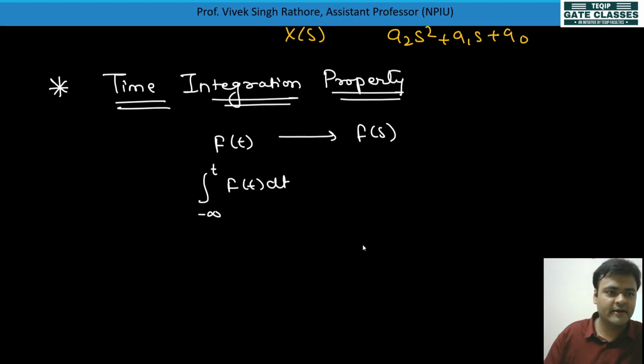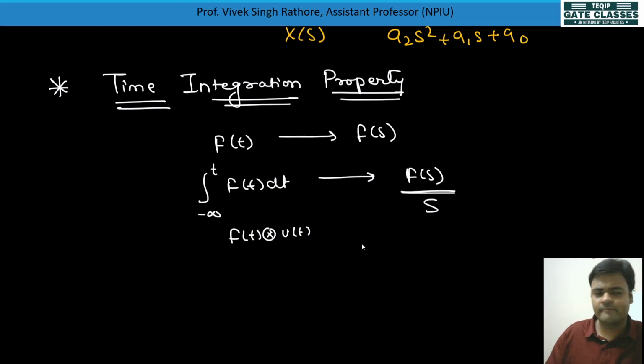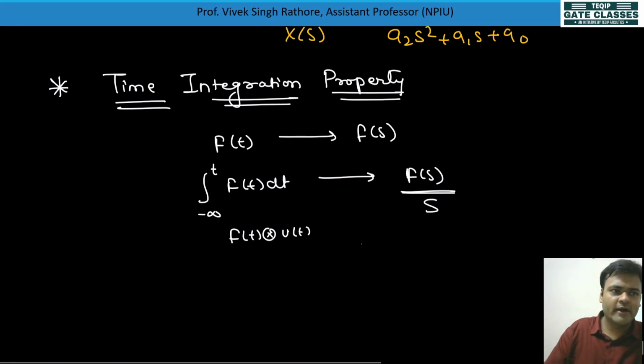This is the same as f of t convolution with u of t, and you can see the Laplace transform of f of t is F of s, and u of t Laplace transform is 1 by s, and convolution means multiplication in the frequency domain. So F of s by s. So ultimately, what you get as the formula is for integration.